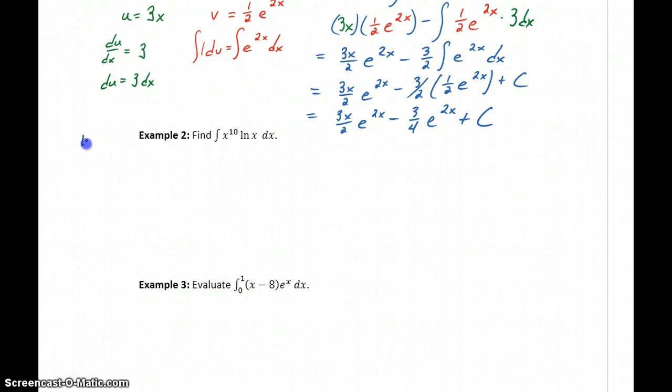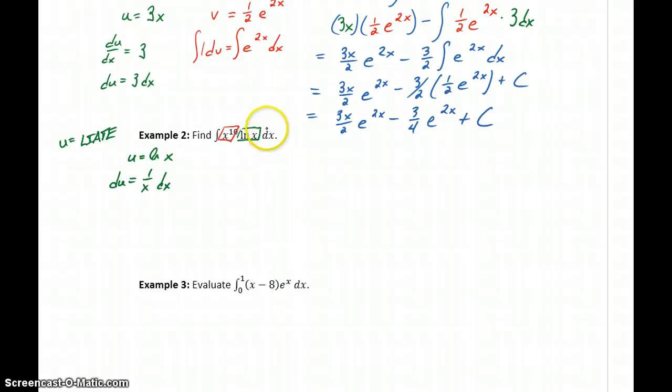In example 2, we want to start off the same way. To get that substitution for u, we want to think of that expression LIATE again. In this case, we do have a log function, so we'll let u equal the natural log of x, which means du will equal 1 over x dx, by taking the derivative of both sides and multiplying that dx across.